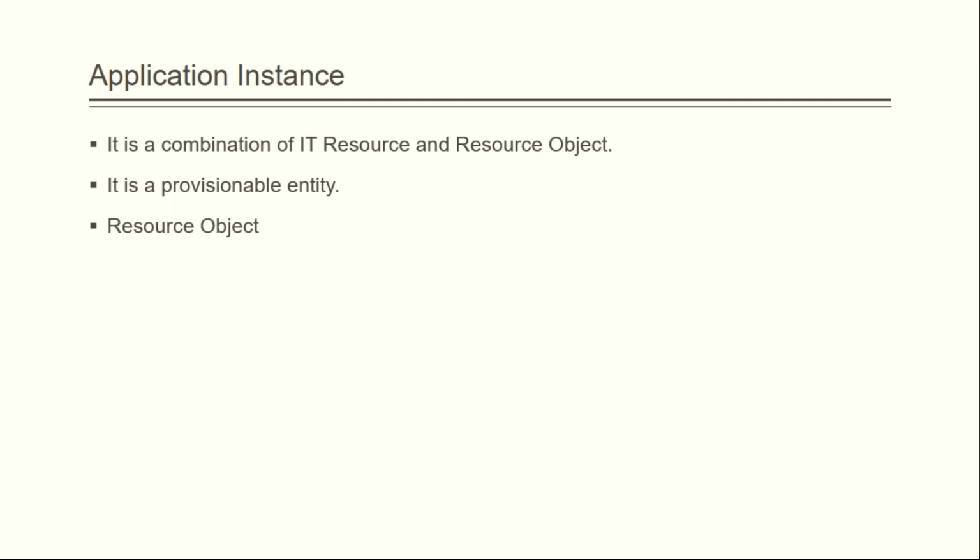Now if I want to represent this scenario inside OIM, that I have 5 different columns inside the user details table and 5 different roles inside the database, all these things are represented using a resource object.